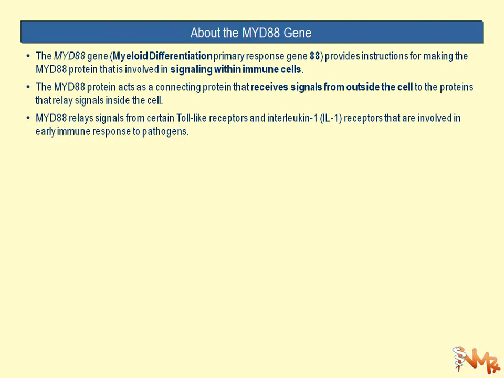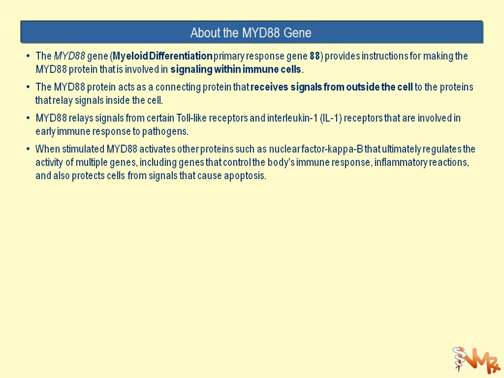MyD88 relays signals from certain toll-like receptors and interleukin-1 receptors that are involved in early immune response to pathogens. When stimulated, MyD88 activates other proteins such as nuclear factor kappa B that ultimately regulates the activity of multiple genes, including genes that control the body's immune response, inflammatory reactions, and also genes that help to protect cells from signals that cause apoptosis.